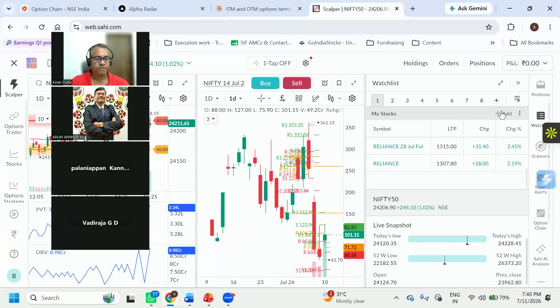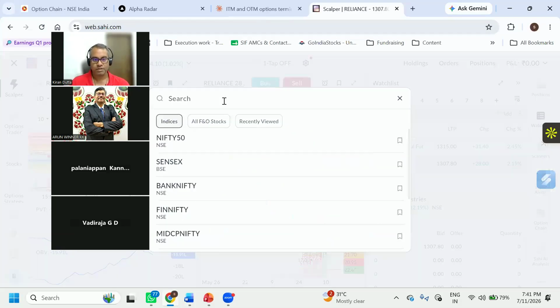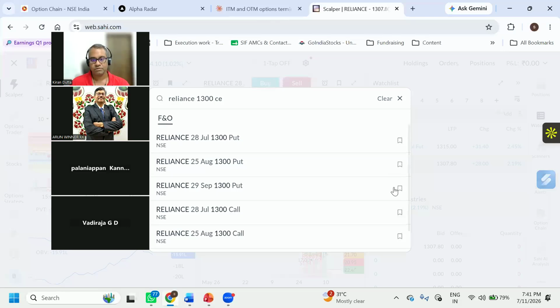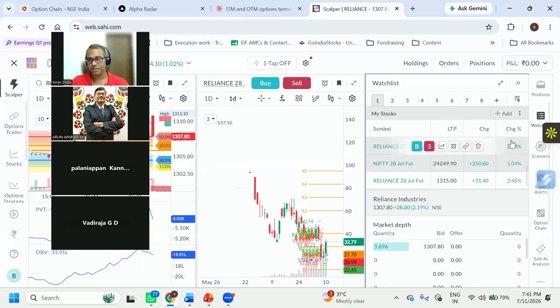Now I will add two concepts here: Reliance 1300C, and then Reliance 1340C. We will understand from our house example itself. Don't worry about this part.